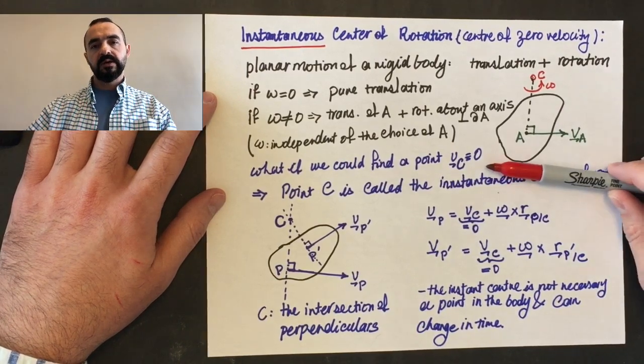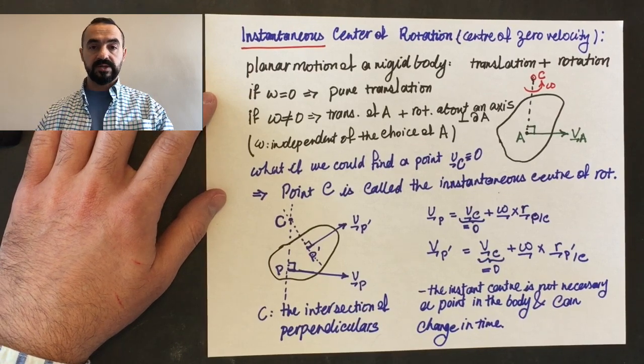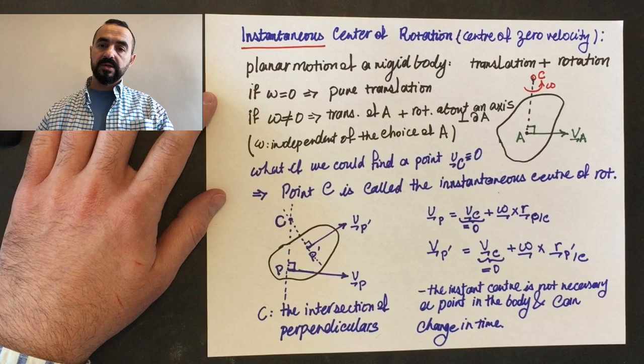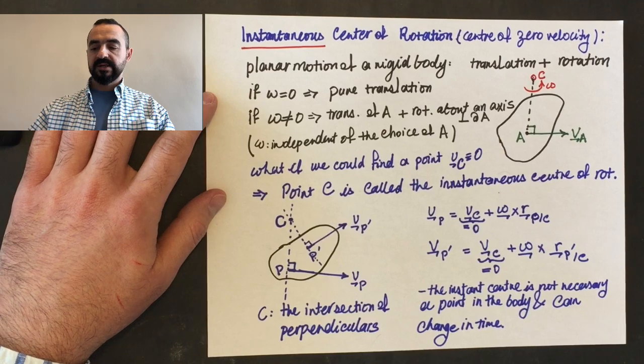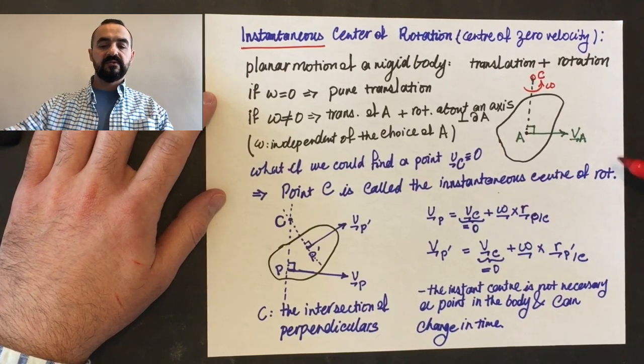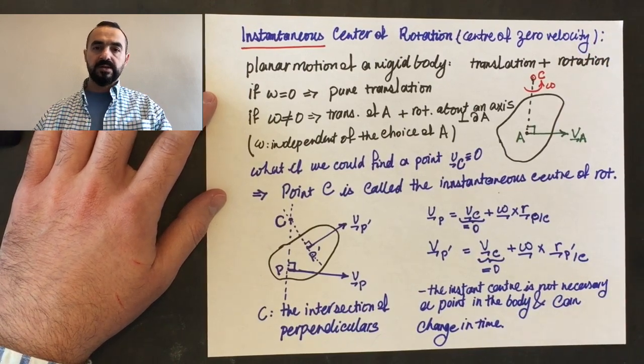But let's say we have a case where we have a combination of rotation and translation, and a point exists. This point where the velocity is equal to 0 is called the instantaneous center of rotation, or instantaneous center of zero velocity. And why is it called instantaneous?